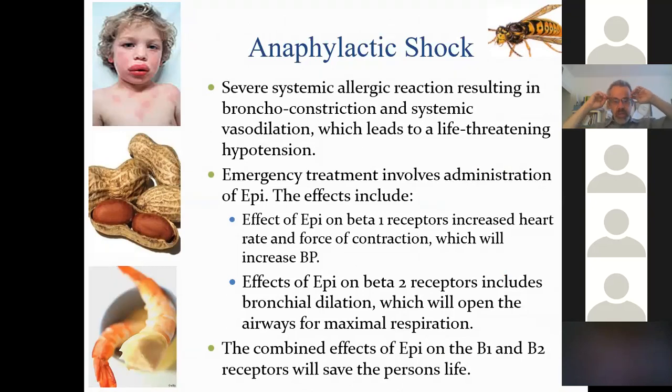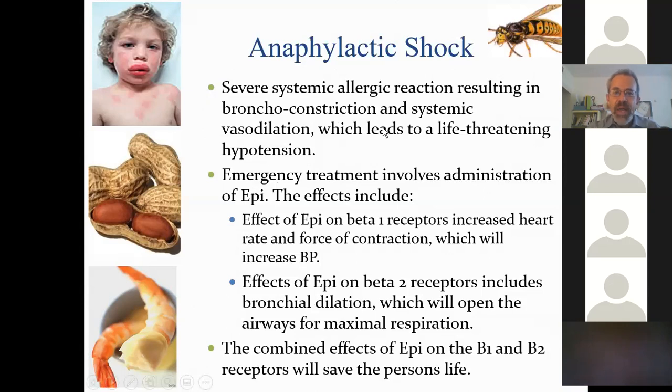One of the treatments for anaphylactic shock, some of you may have heard of, is the EpiPen. The EpiPen involves an injection of epinephrine. And what does epinephrine do? It counteracts the effect of anaphylactic shock. For example, if our bronchi are constricted, epinephrine will cause the bronchioles to dilate.